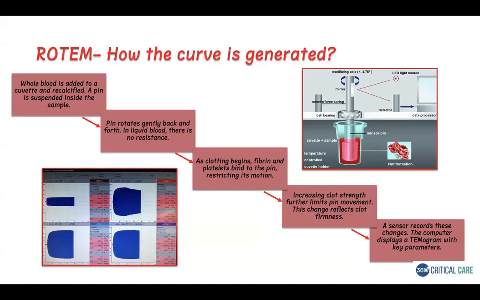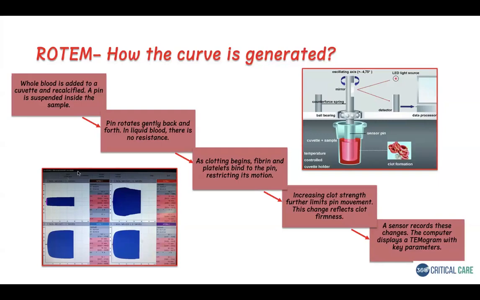Thereby, the depiction on the picture changes. Increasing clot strength further limits the pin movement, thereby producing a particular type of curve. The changes in the curve compared to a standard curve, and the measurements on the curve, reflect the clot firmness.